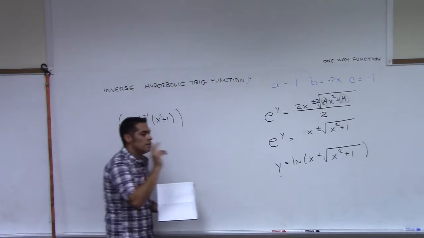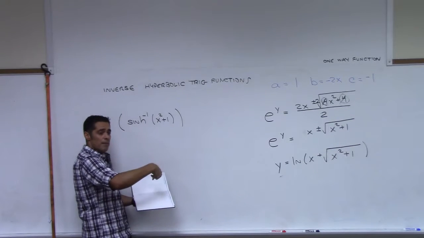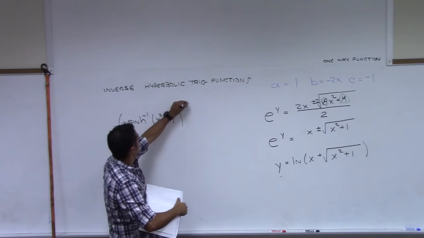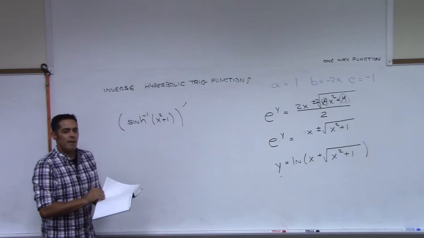Say it again? Take what we have for sine hyperbolic, so go find the formula for it? Oh, this is supposed to be derivative. Yeah, sorry, I meant to put the derivative up there.